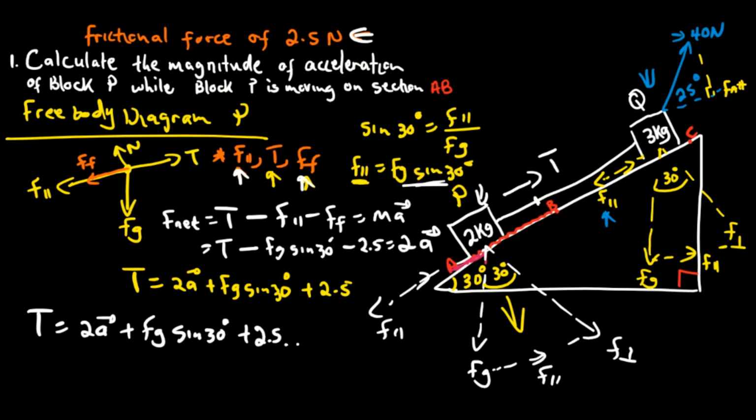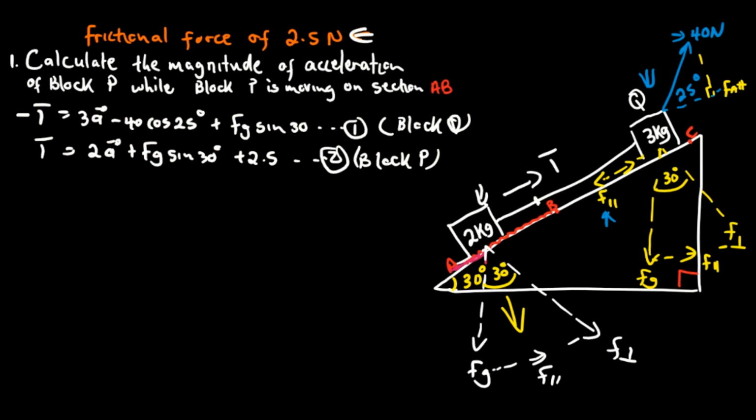This is equation 2 for block P. Now that we have identified both these equations, we will be able to find the acceleration. We're going to use this equation of block P and the one for block Q. So now we have both our equation 1 coming from block Q and equation 2 from block P.